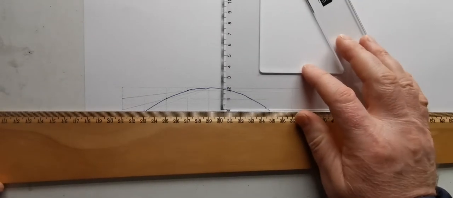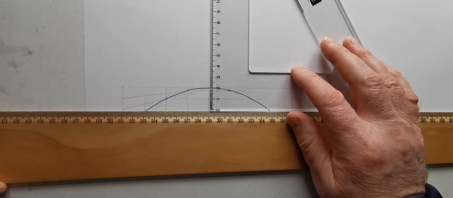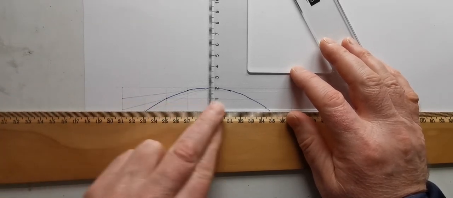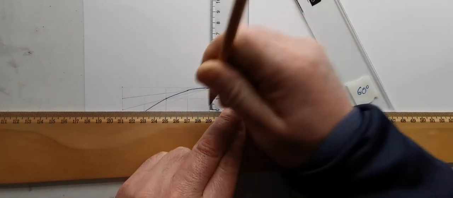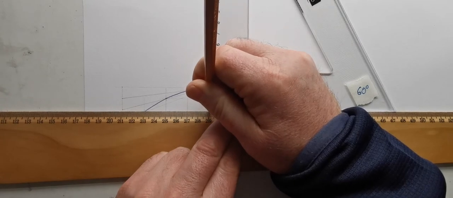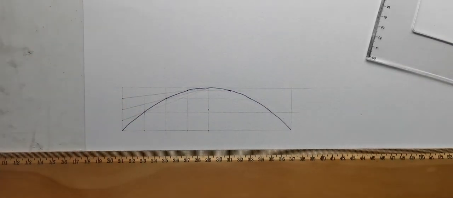down 20. So I'm going to just mark down 20 here. Now this is the center down 20 for a circle that I need.